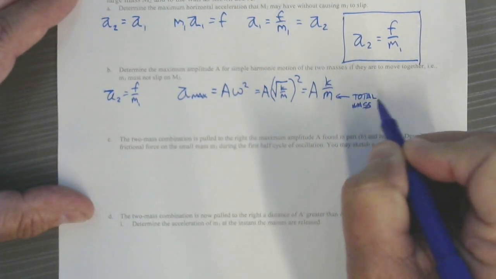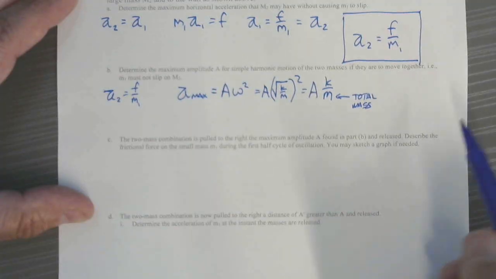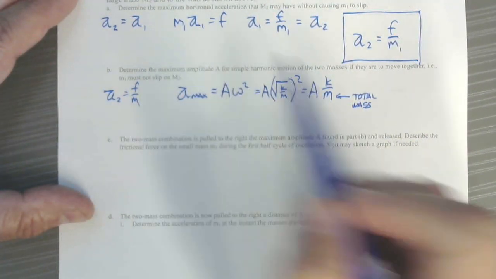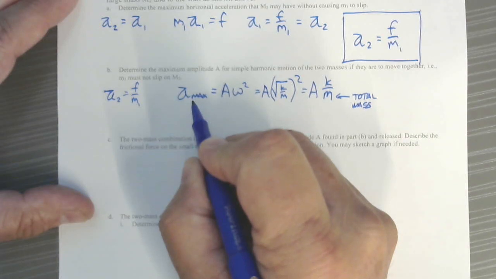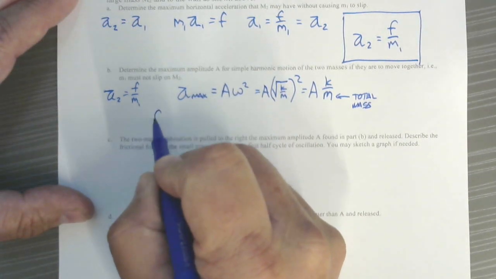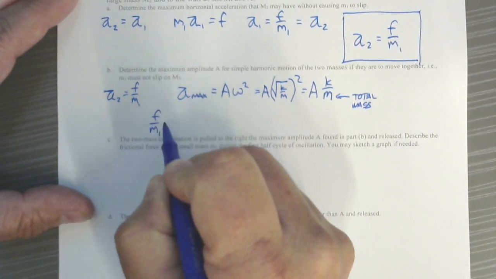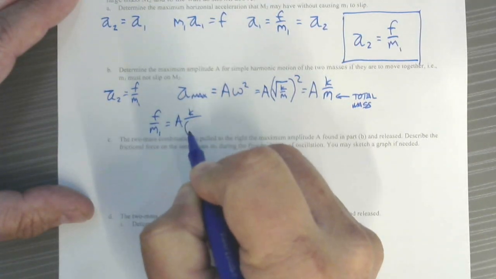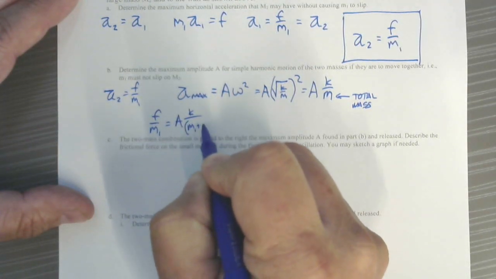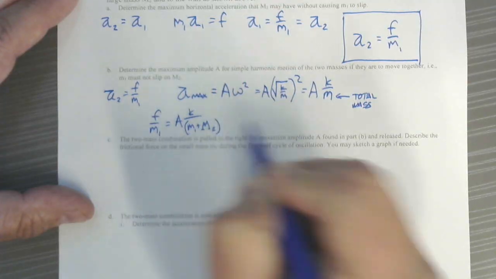Because if M1 does not slip on top of M2, they're both going to be in simple harmonic motion going back and forth. So that means that this maximum acceleration, which will be F over M1, must be equal to A times K over the quantity M1 plus M2.